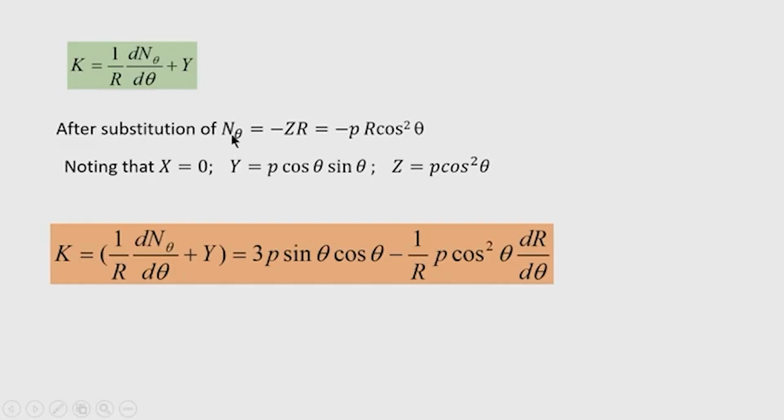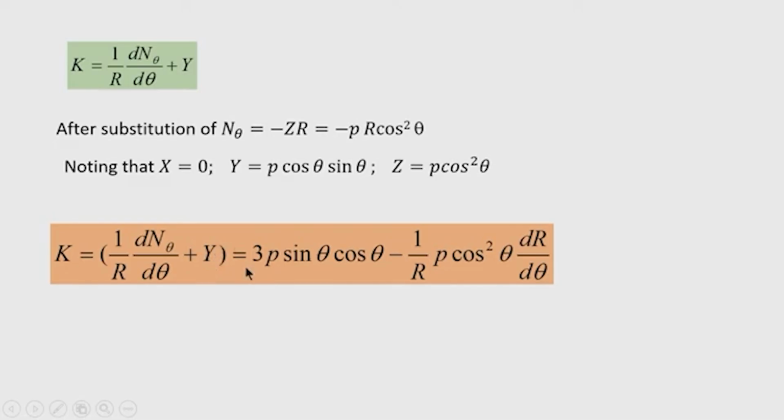Once you obtain n theta, then you can evaluate k. This term n theta is minus P r cos square theta. After differentiating this n theta with respect to theta, we now get 3 P sin theta cos theta minus 1 by r P cos square theta dr d theta. This term is obtained after adding y.